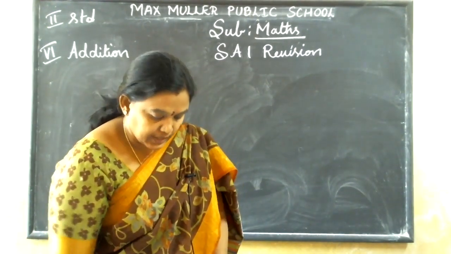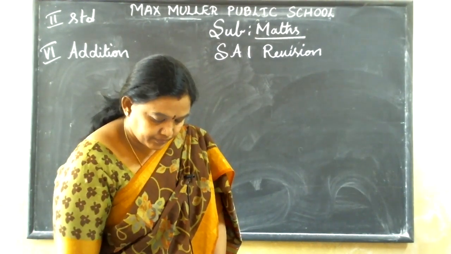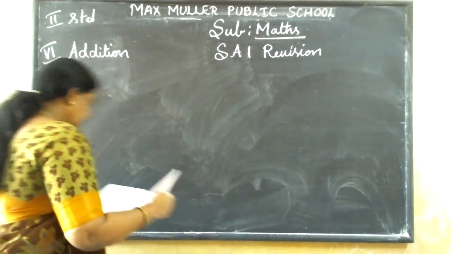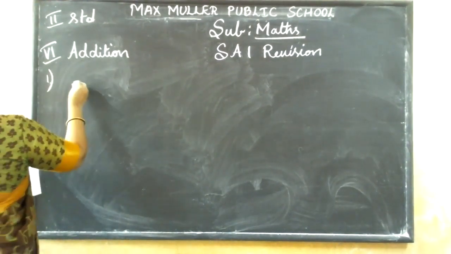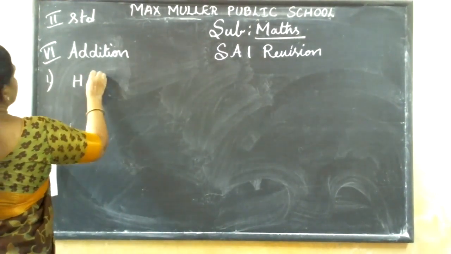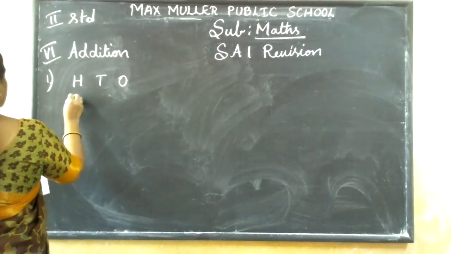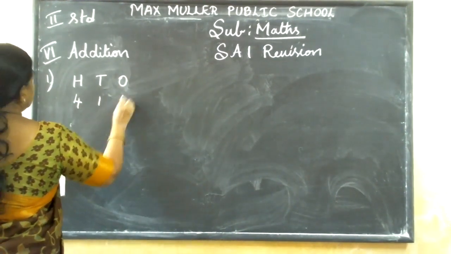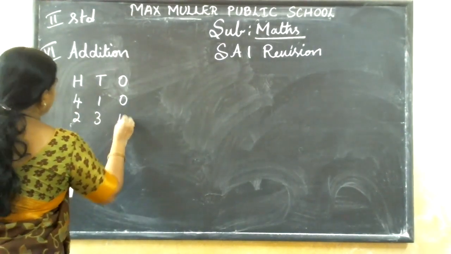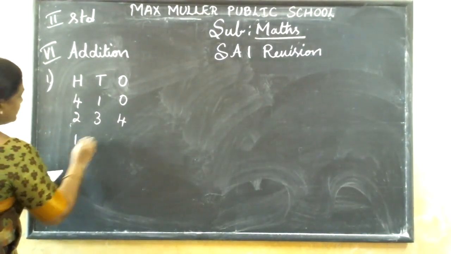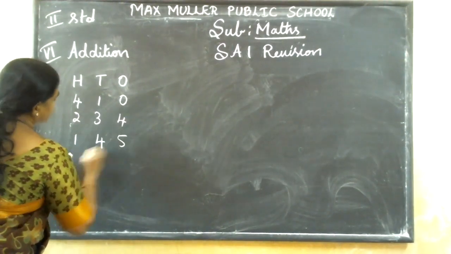September portion, class work. First one. 4 1 0, 2 3 4, 1 4 5.